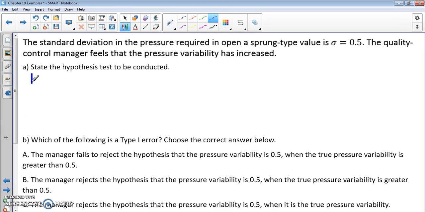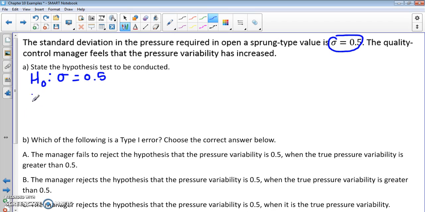So again, we want to state our null, H sub 0 or H naught, colon, we're looking at standard deviation is equal to 0.5, so sigma equals 0.5.